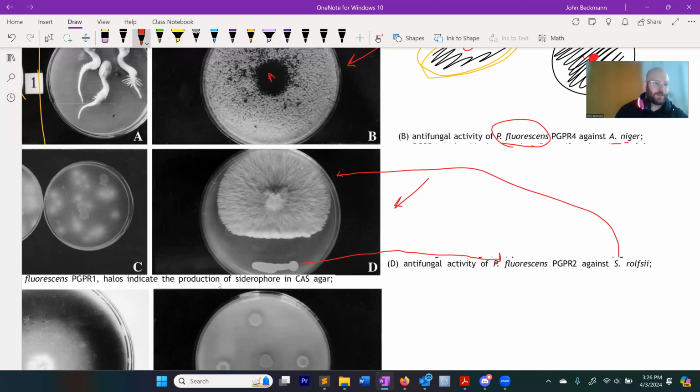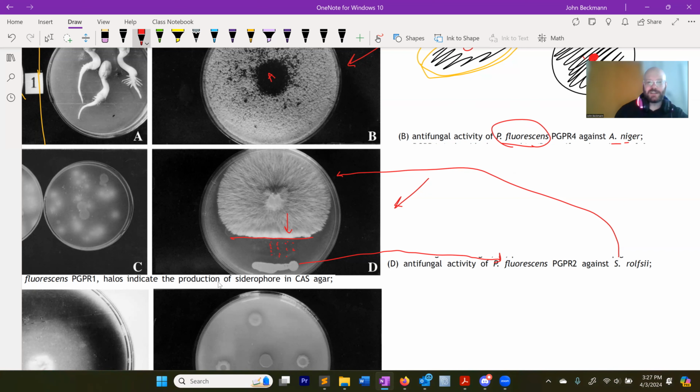And what happens to the mycelium as it's growing closer and closer to the Pseudomonas? Yeah, it stops. So here is a much better piece of data where there is clear inhibition, because right here is just a flat line where it's not growing past this. What this implies is that the Pseudomonas is secreting something that's diffusing into the media that's preventing the fungi from growing closer.